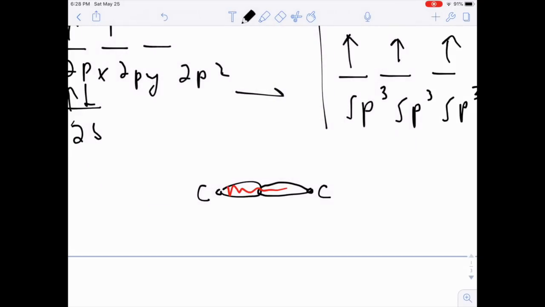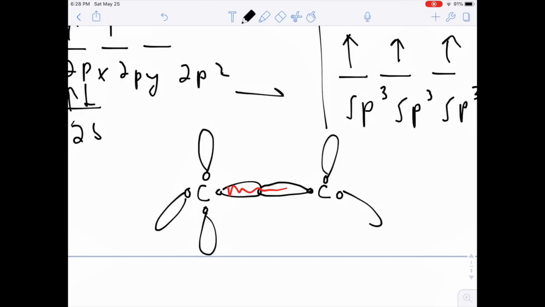And then, we said that there are 4 on each of these carbon atoms, so if I just draw the remaining 3, now the hydrogen 1s orbitals, those look like spheres, I'll just draw circles to delineate that.